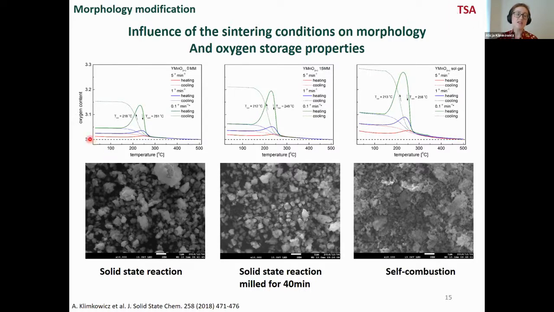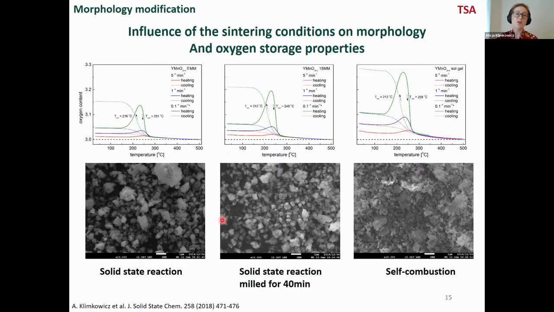So in this test, when we heat the material in an oxygen containing atmosphere, it starts to incorporate oxygen and later, with higher temperature, releases it, right? So this oxygen content tells us how much oxygen this material can actually store, or how much oxygen it can incorporate. So you can see for standard solid state reaction, we are around here, so let's say a moderate oxygen amount.